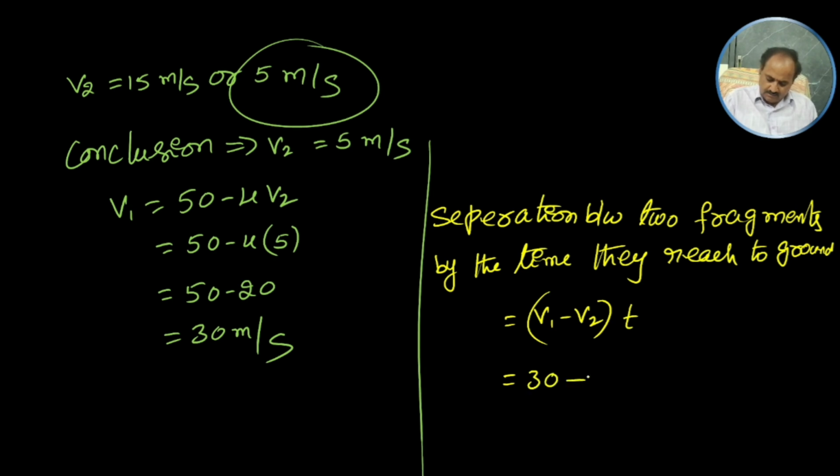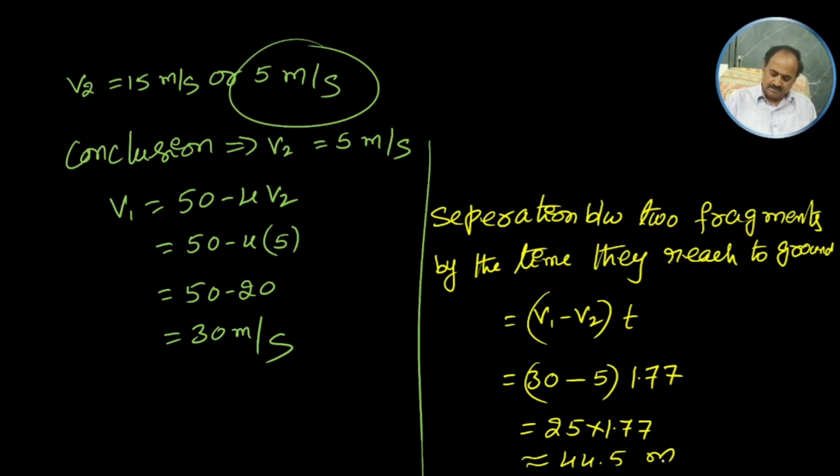V1 is 30 minus V2 is 5, into time. Already we had decided 1.77. It is 25 multiplied by 1.77. Simplify this value, we get approximately 44.5 or something like that. That is in meters. That's the answer.